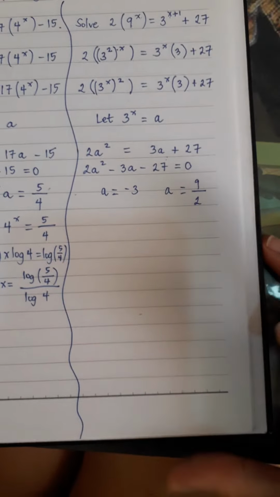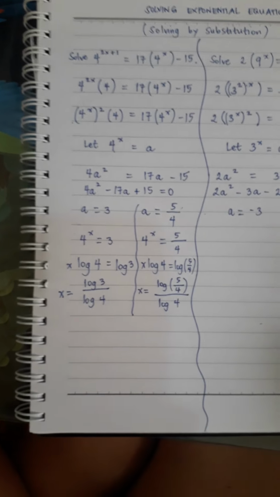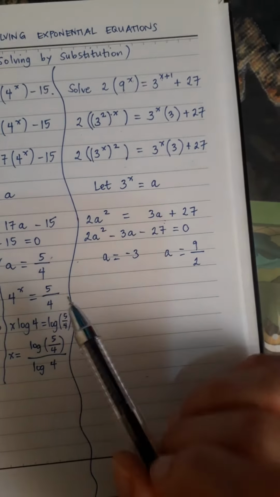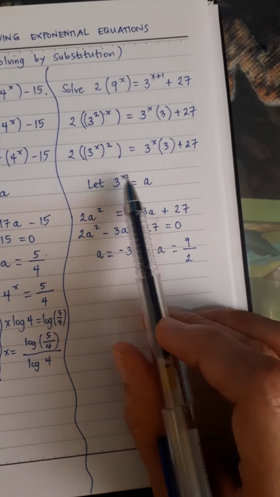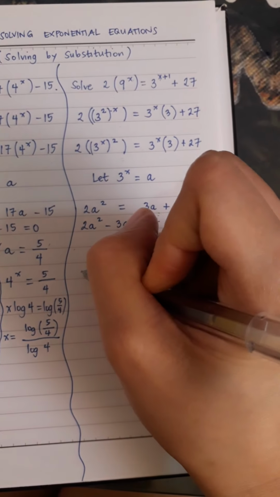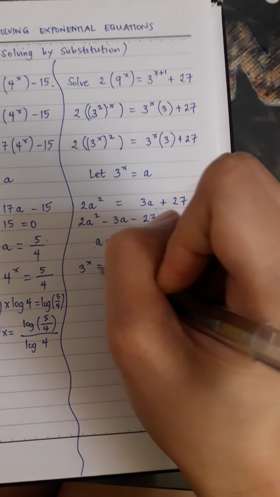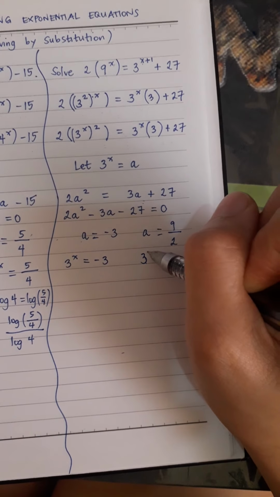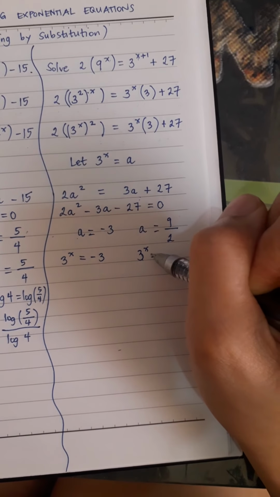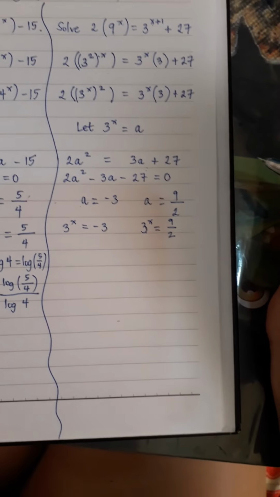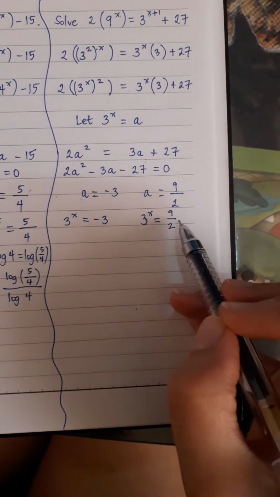And just like what we did in the first equation, we will replace or substitute a with 3 to the power of x to solve for the values of x. Use logarithms to solve for x from here.